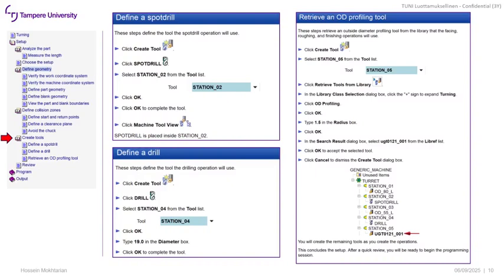Another thing you need to pay attention to is that you are assigning a specific tool to a station number. After the program is completely made and transferred to the machine, the machine will call those tools based on this station number. Therefore, it is very important that you communicate this with the operator on the workshop floor.